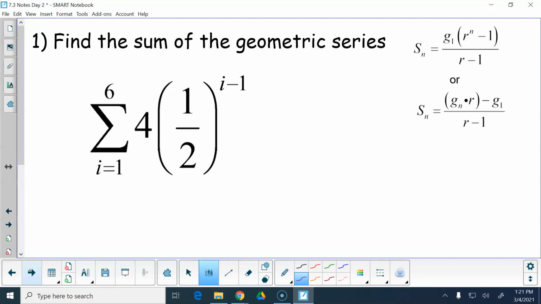So I'm going to go with the top one here. If I'm going up top, then that's telling me that I need to first find g sub 1.